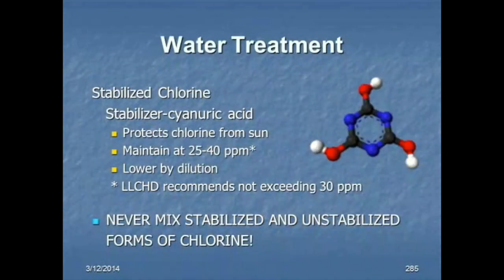Now, if you've decided, based off of the information that we talked about in the healthy swimming section, that if you get a diarrhea accident, you don't want to have stabilizer in the pool, to have to go to those types of extremes, and you're going to switch from your stabilized form of chlorine to an unstabilized form of chlorine, do not just go ahead and switch your chlorinator over from a stabilized form to an unstabilized form of chlorine.